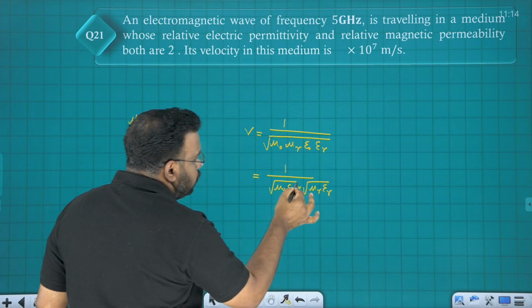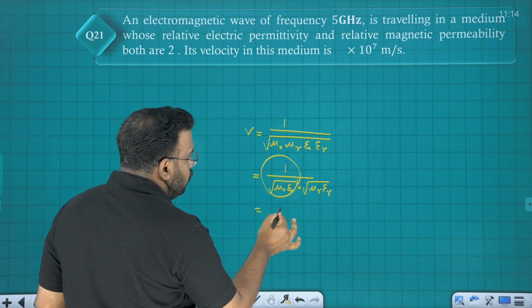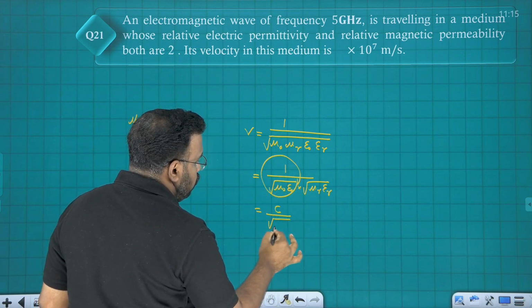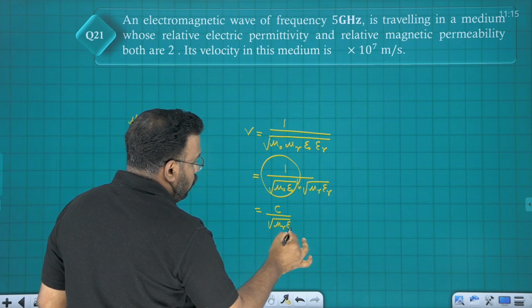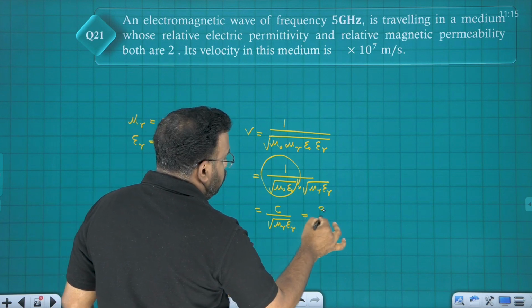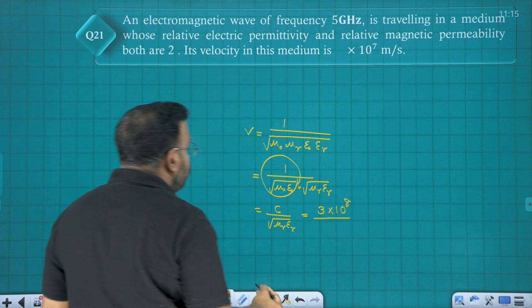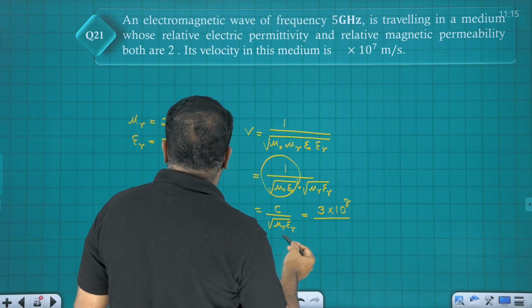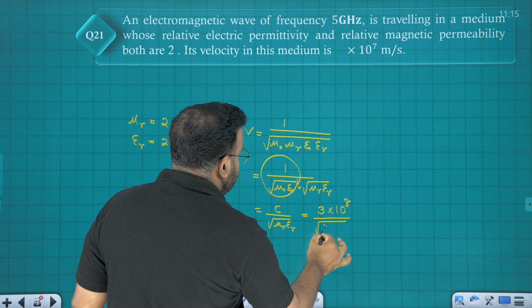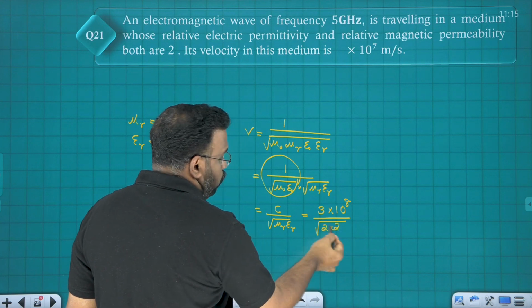Why we are writing like this means this part, you know, it is nothing but C. So C by root of mu r epsilon r. C is 3 into 10 to the power 8, divided by square root of mu r epsilon r. So mu r is 2, epsilon r is also 2. So square root of 4 is 2.